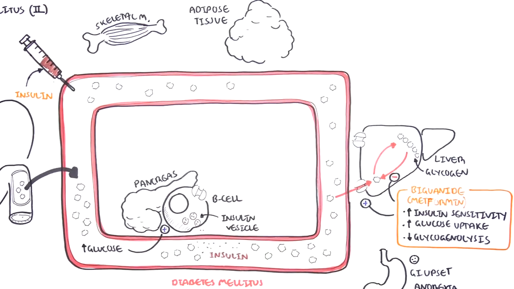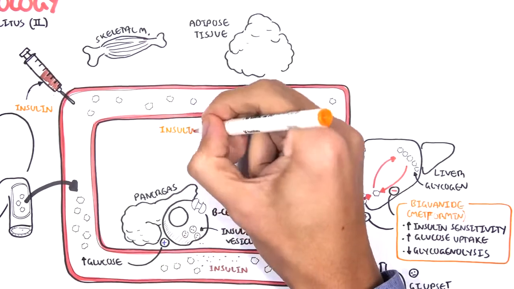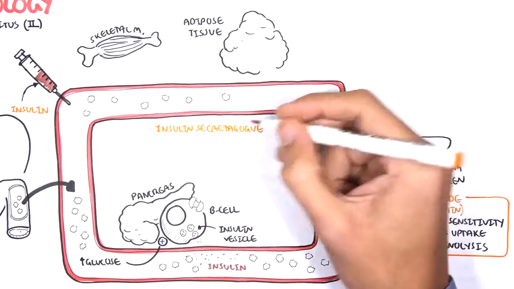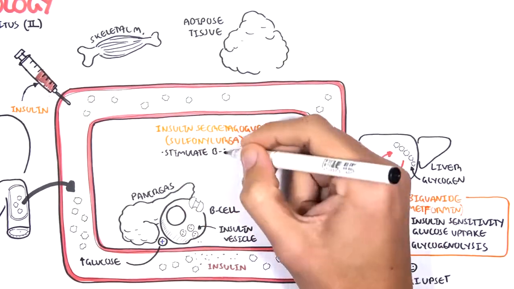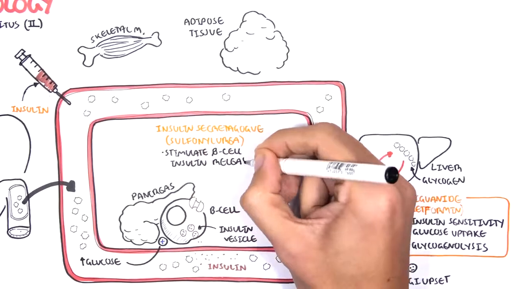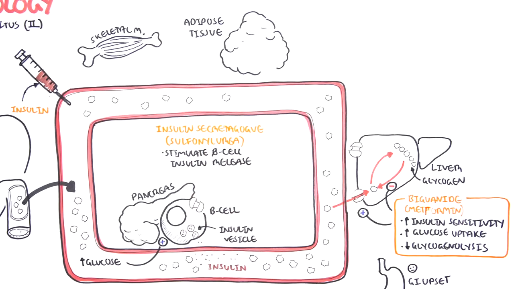The next pharmacological medications are insulin secretagogues, such as sulfonylurea. Now these guys stimulate essentially B cells in the pancreas to release insulin. So insulin secretagogues, such as sulfonylurea, basically force the B cells to pump out insulin.